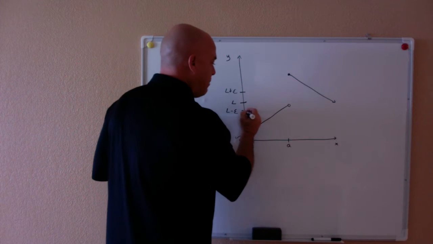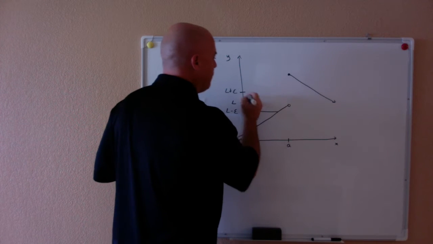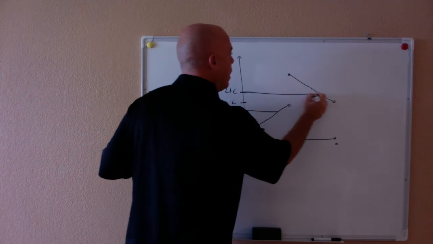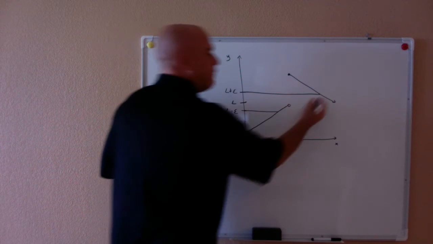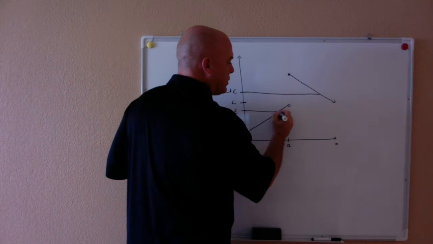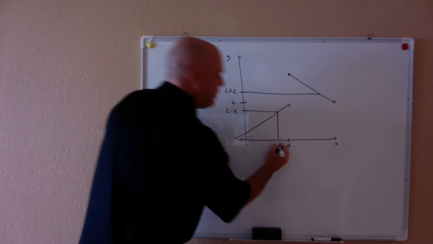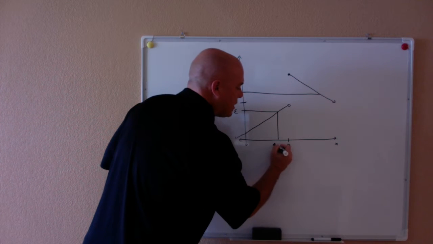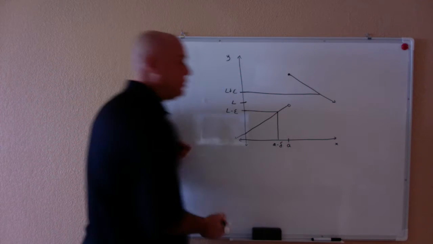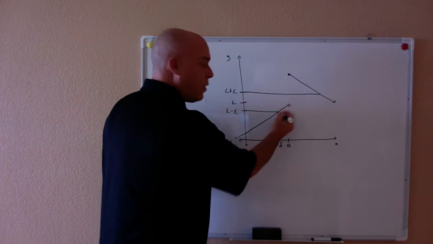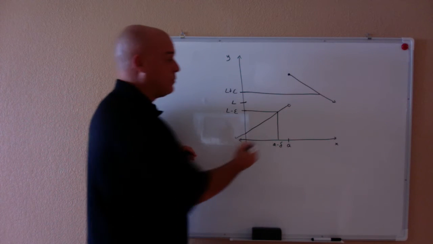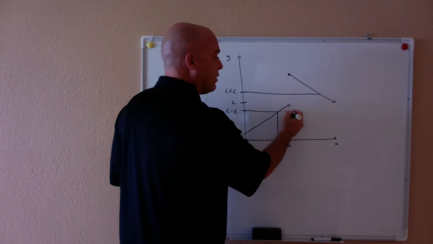And I'm going to draw in my lines just like I did before. If I drop down here, notice this time that as long as I'm within delta units to the left of A, so far I seem to be okay, still within the box that's going to get created.